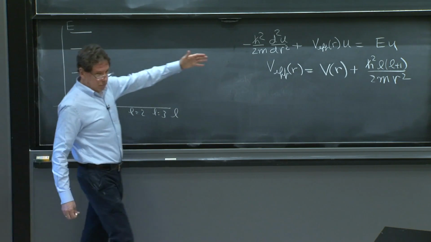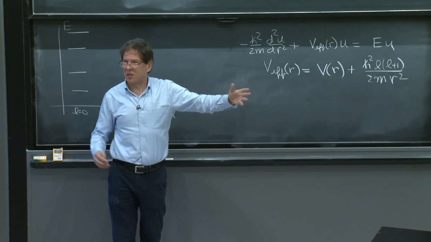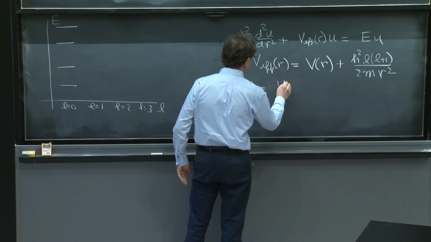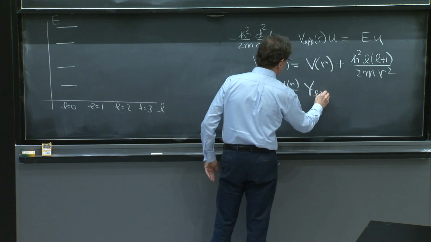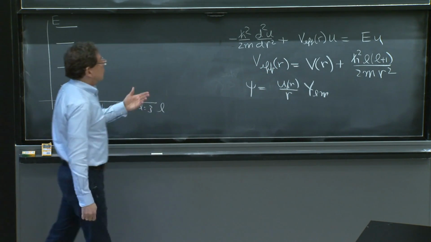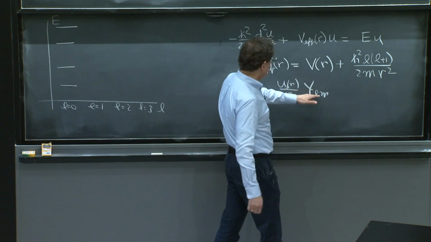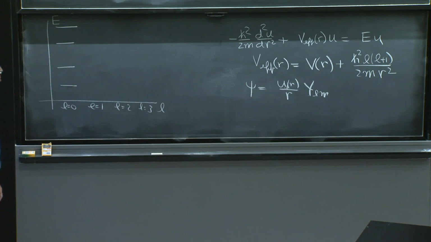Now, just to remind you, this is the hard part of solving the Schrödinger equation, because at the end of the day, psi is u of r over r times some Y_lm. So the L that you have here determines the Y, and the m is arbitrary. In fact, the u doesn't know about the m value.